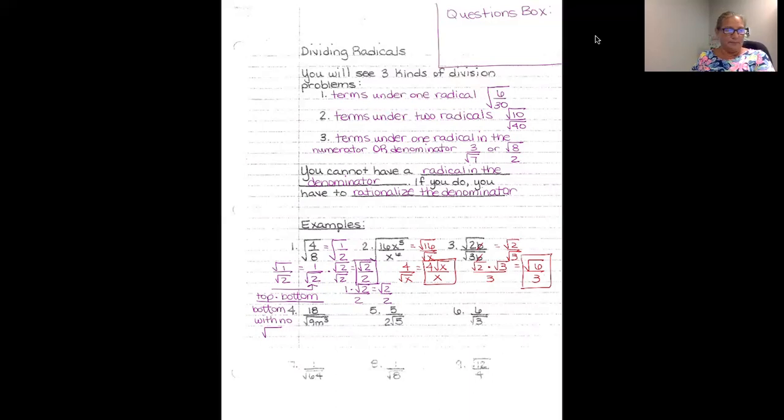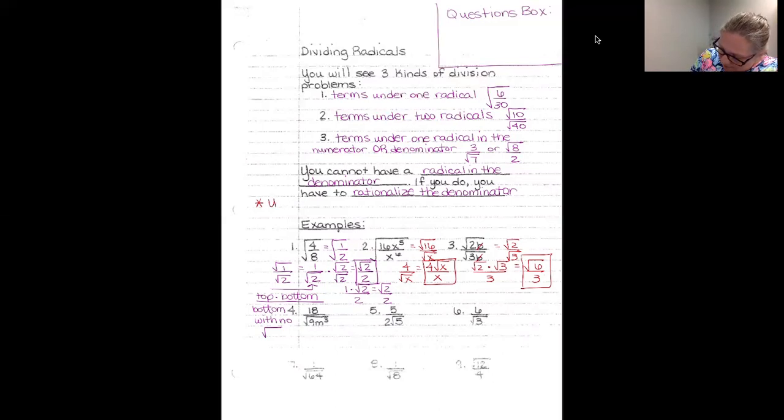Problem number 4. One thing I want us to go back to these two lines before examples, and I want us to write this statement in. This will have something to do with number 4, number 5, number 6, and number 9.